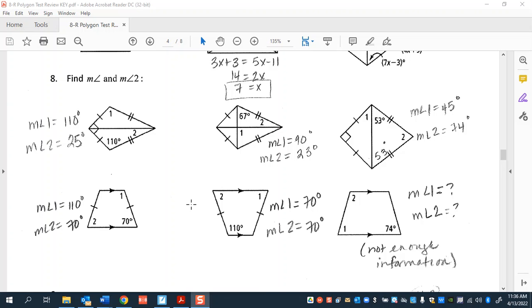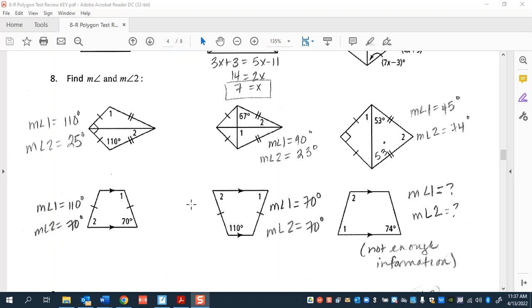One of the tricks that I like to do all the time is whenever I'm not sure, I'm going to draw a super exaggerated version because then I can see that these two are going to be congruent. No way are these. But I can see that these two are bisected and these two are bisected. So when in doubt, sketch a super exaggerated version of the shape and those characteristics will show you.